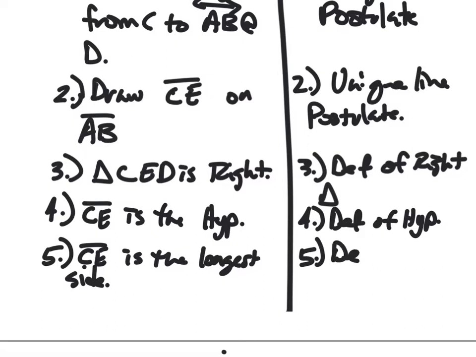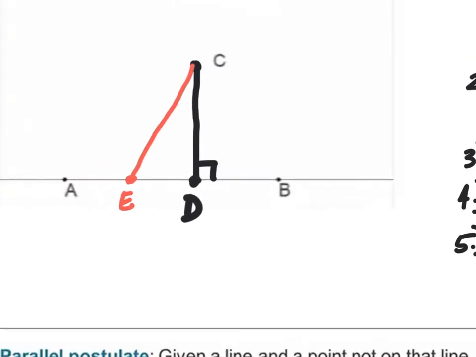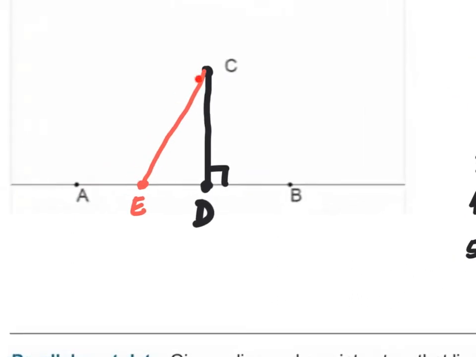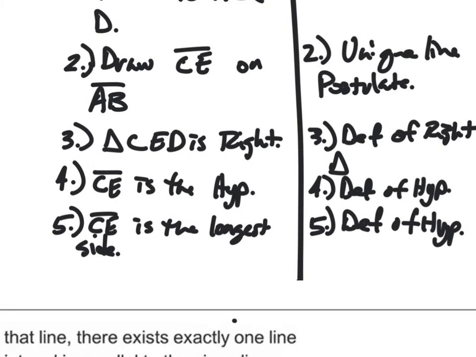If I've got these two options, a hypotenuse versus a perpendicular line, we can conclude that the perpendicular line is the shortest side. So on step 6, line CD is the shortest distance.